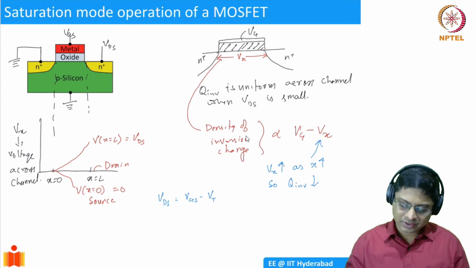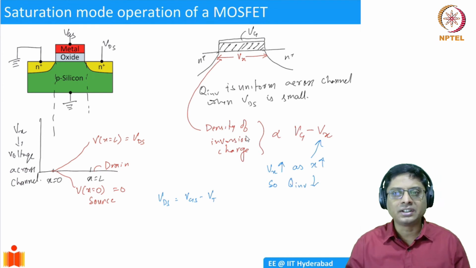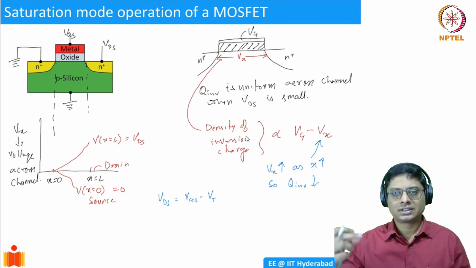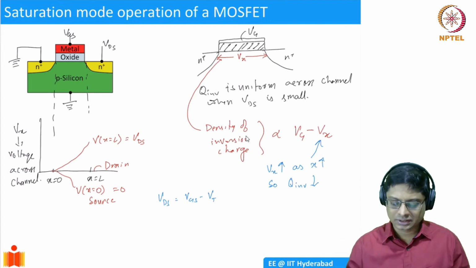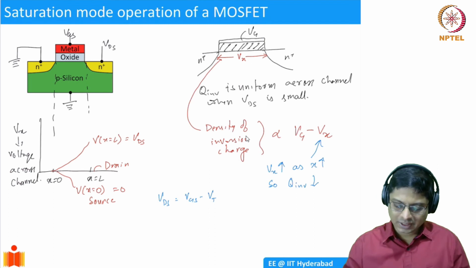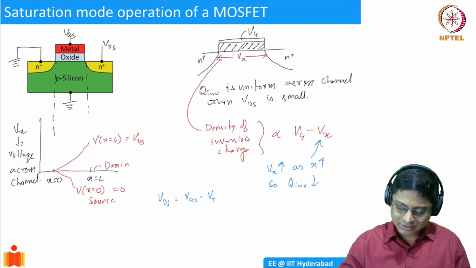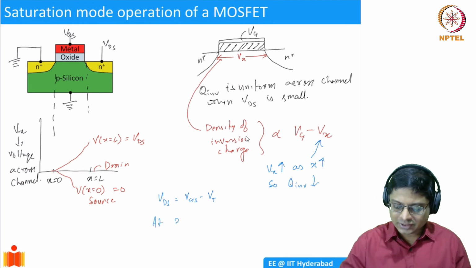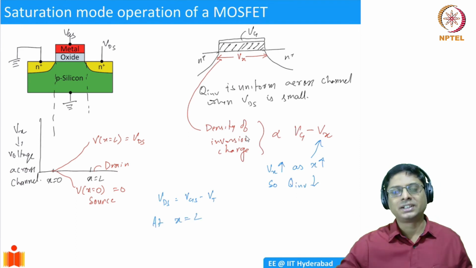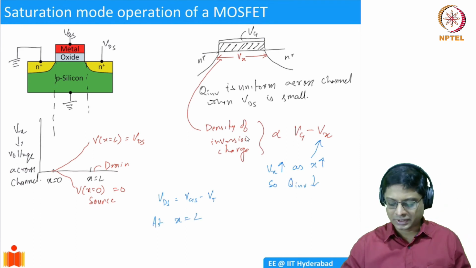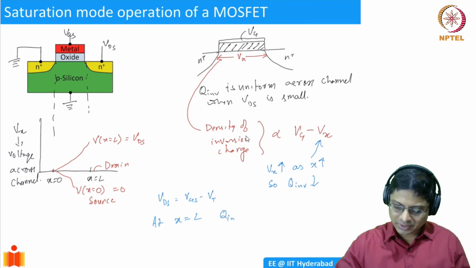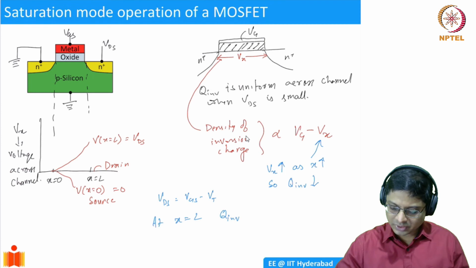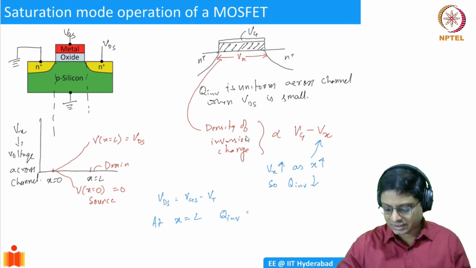So if my VDS equal to VGS minus VT, what is the voltage which is applied across the capacitor at x equal to L, let's say at the drain edge, the voltage which is sustaining my Q inversion? Q inversion is proportional to Vg minus Vx.